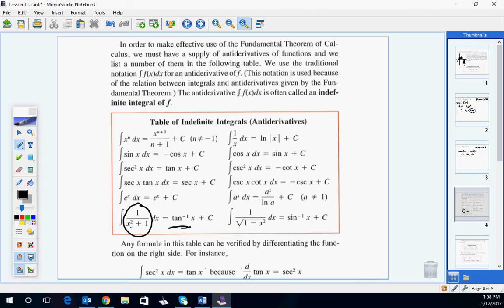Remember, we're not going to do any of these with the e or the ln's, because we're going to come back to logarithms. Same thing here. This one's primarily mostly for your trig.